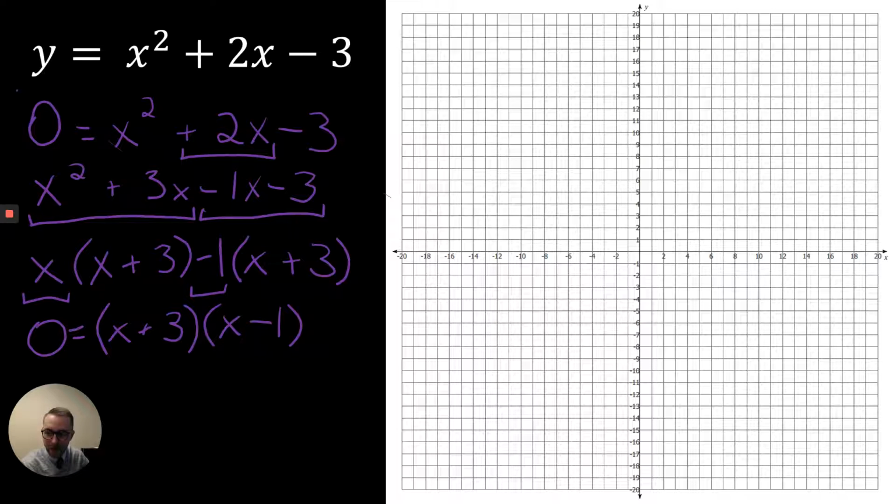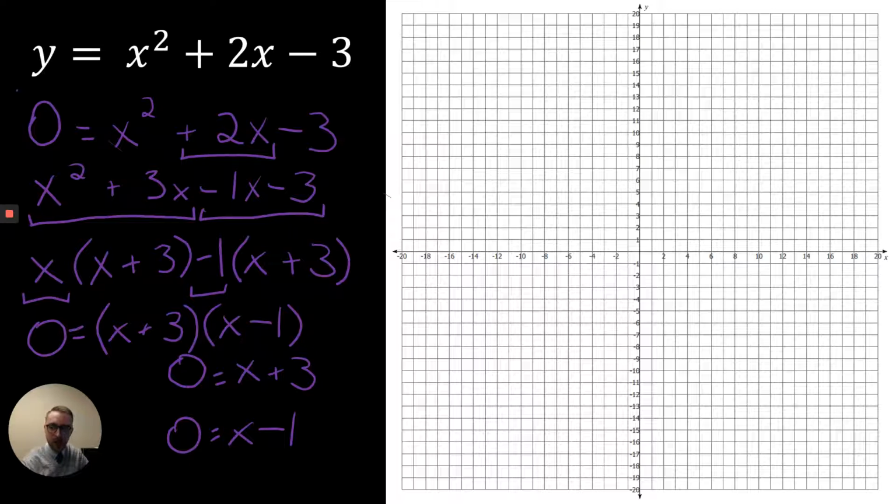And once I get to this point, and I know this is kind of a complicated process, but once I get to this point, I can solve. Essentially, I'm going to take both of these binomials and I'm going to set them equal to 0 separately. 0 equals x plus 3. 0 equals x minus 1.